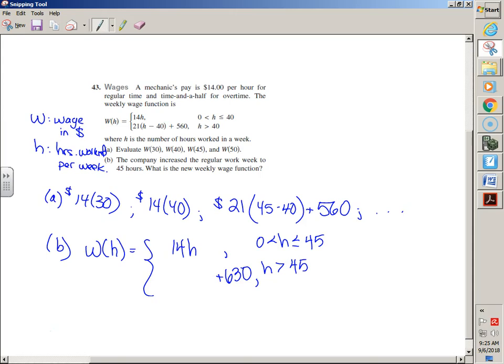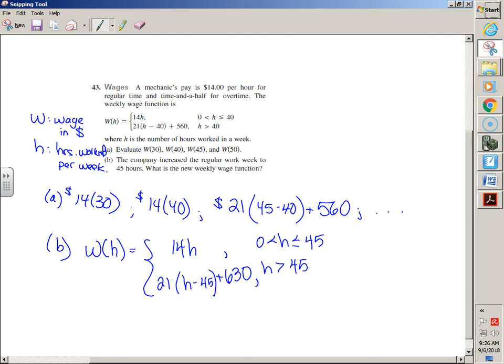Plus, now we need the extra. Is it still time and a half for the extra hours? Okay, so what stays the same in this? 21. 14 plus 7. And then what's going to change inside here? It's every hour above 45. So the key to doing B was understanding A's function.